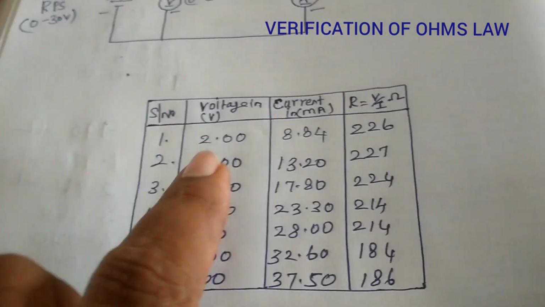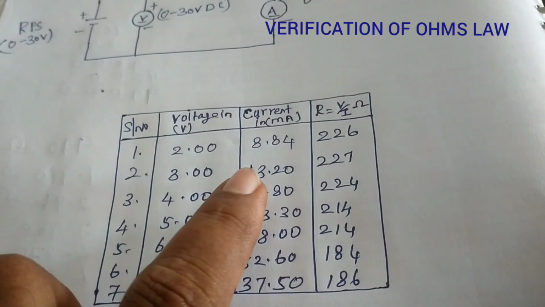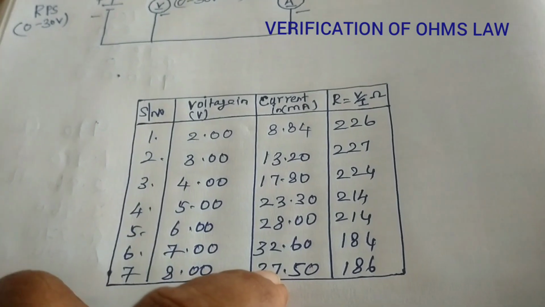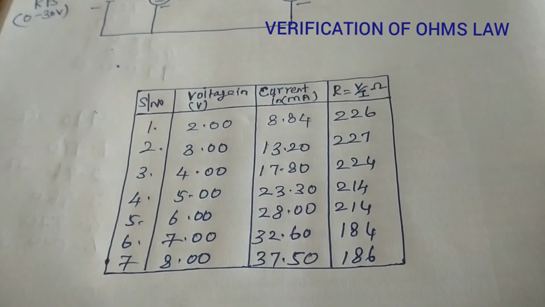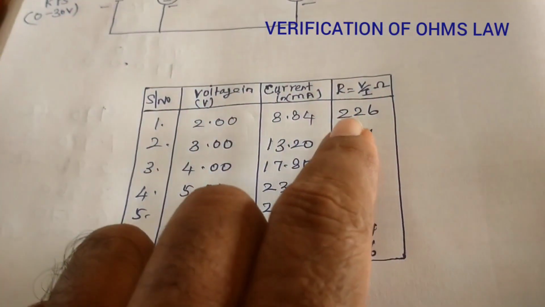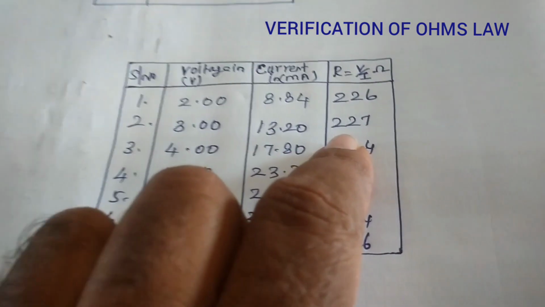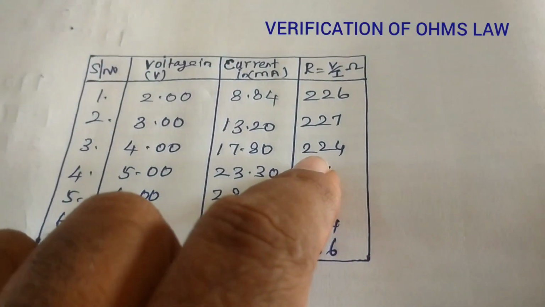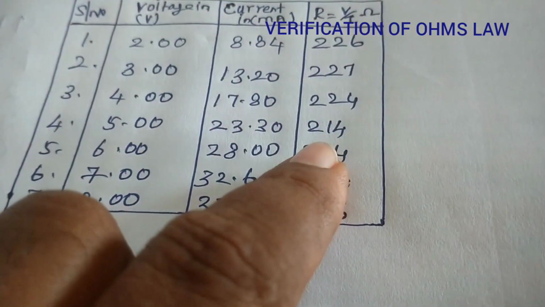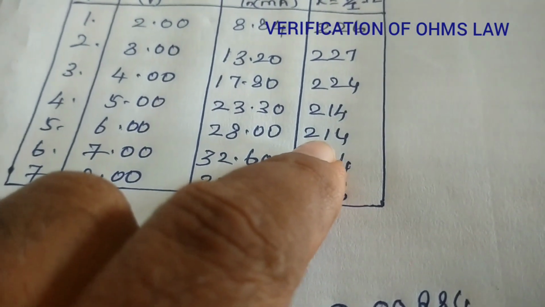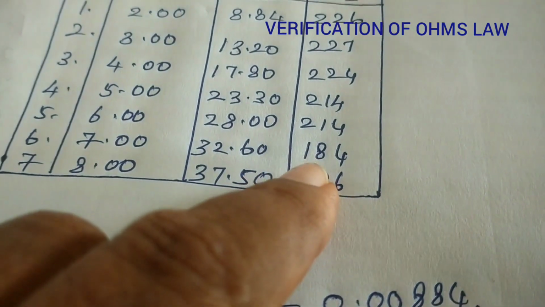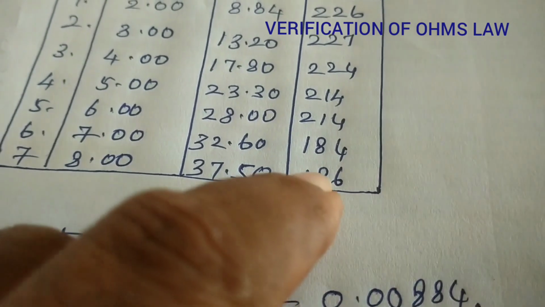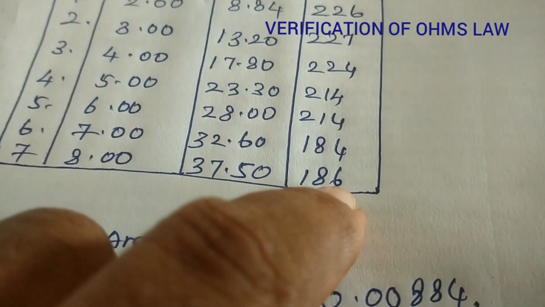You can convert the milliamps for the second to seventh value by using this method and you can find out R. So for the second value you are getting 227 ohms, third value 224 ohms, and fourth and fifth value 214 ohms, and sixth value is 284 ohms, and seventh value is 186 ohms.